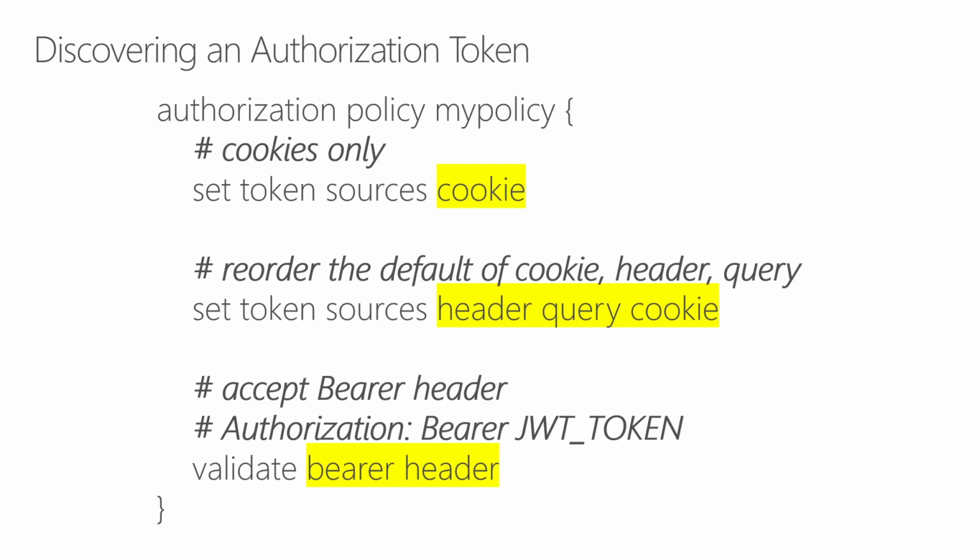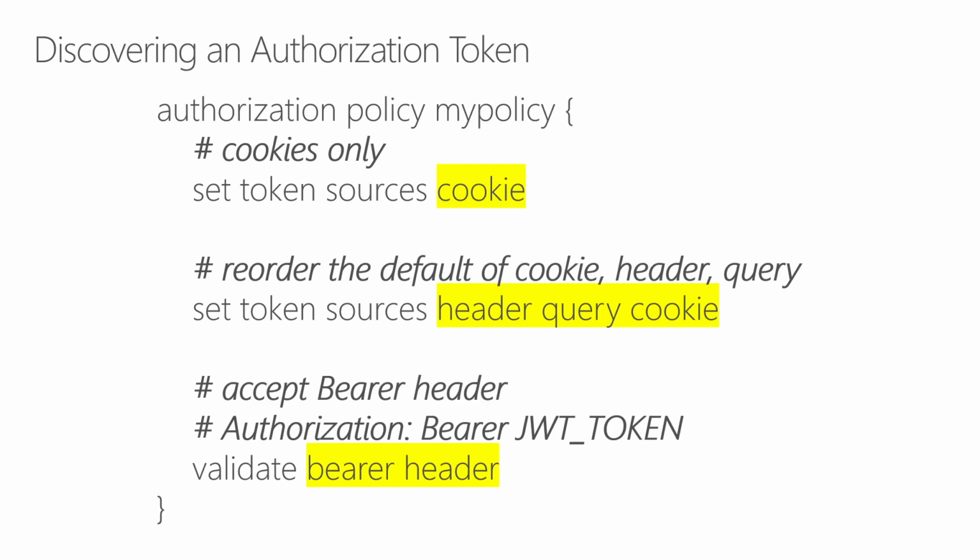So, for example, authorization policy, my policy. When I search for tokens, the default is to search first in cookies, second in the authorization header, third in query parameters. I can limit the search of tokens to a specific part.